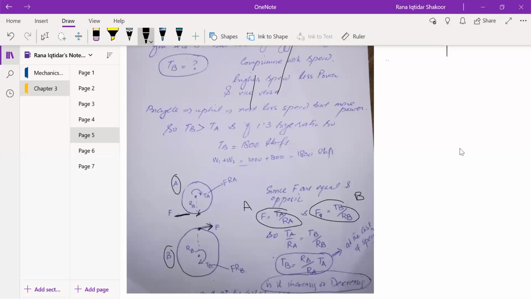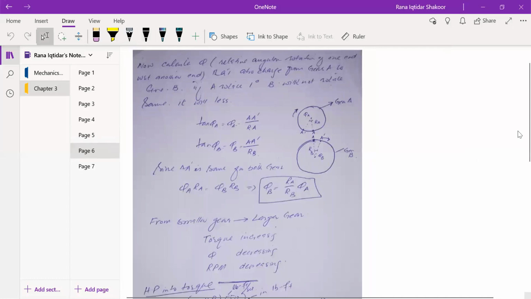So generally you don't need to go for all this. You just have to visualize which is the larger one. The larger one will produce more torque than the smaller one. Obviously the RPM will be lesser, because if gear A is moving at 300 RPM, gear B will not be moving at the same RPM, but it will be producing more torque, right?